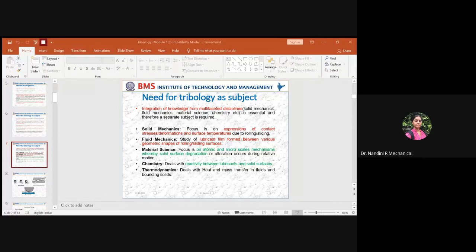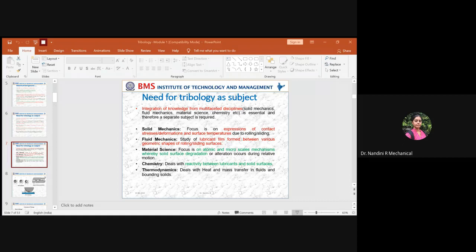The last part you should be aware of is thermodynamics. You have studied applied thermodynamics also, so you will be very good in that, and there is no need for me to explain it again specifically. All the concepts related to heat and mass transfer in fluids could be analyzed in thermodynamics. Here the fluid is nothing but the lubricant you will be applying along the contacting surface.